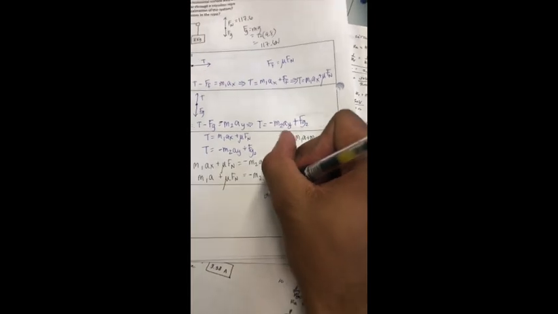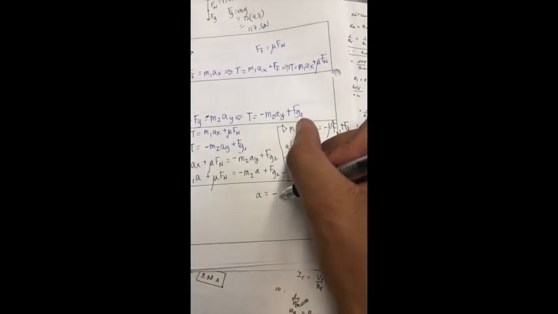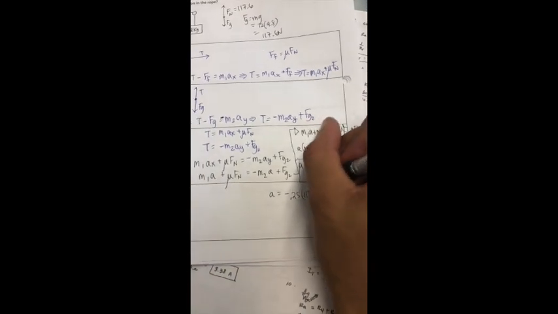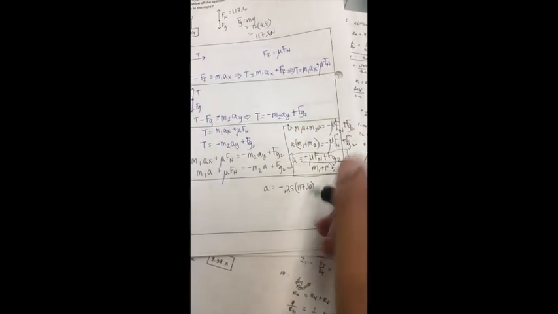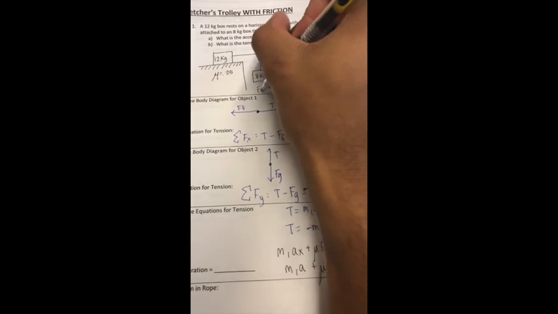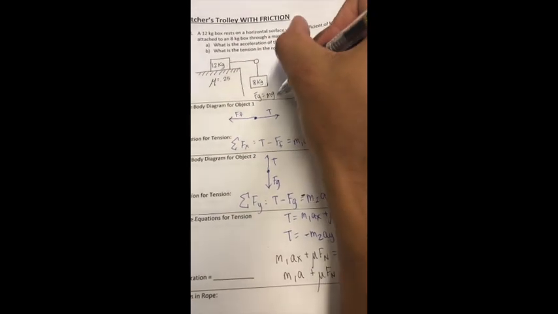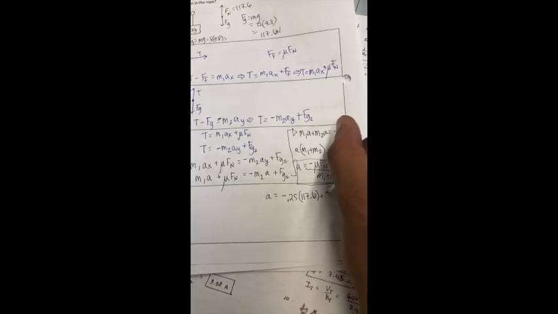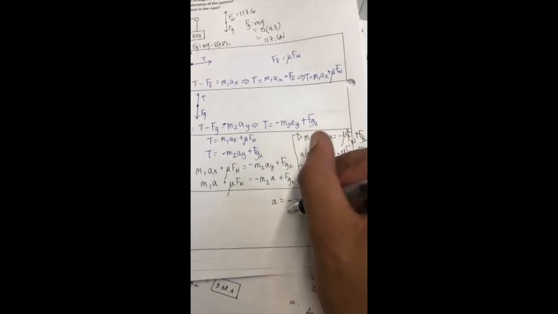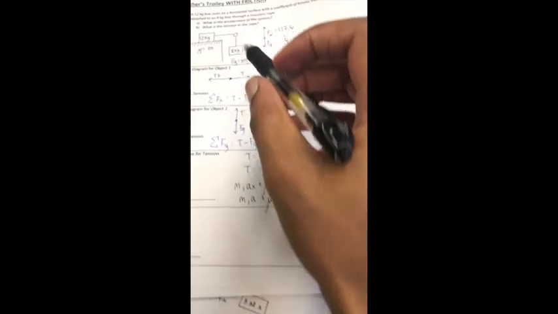So if I want to solve for my acceleration, it's going to be negative, remember the coefficient of friction was 0.25, so negative 0.25 times 117.6 plus my force of gravity for the second object. So my force of gravity for this object is going to be Fg equals mg, which is 8 times 9.8, which is 78.4. Plus 78.4 divided by 12 plus 8, which is the sum of the two masses.